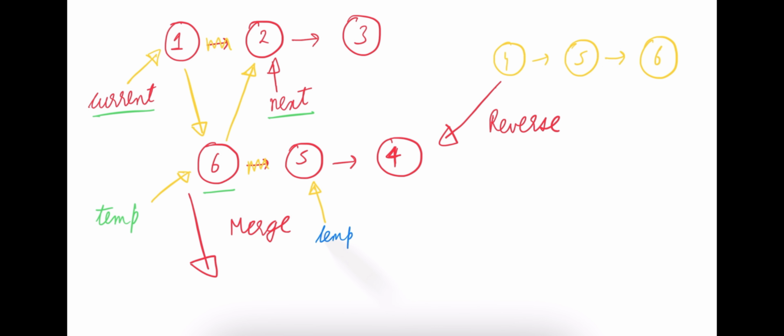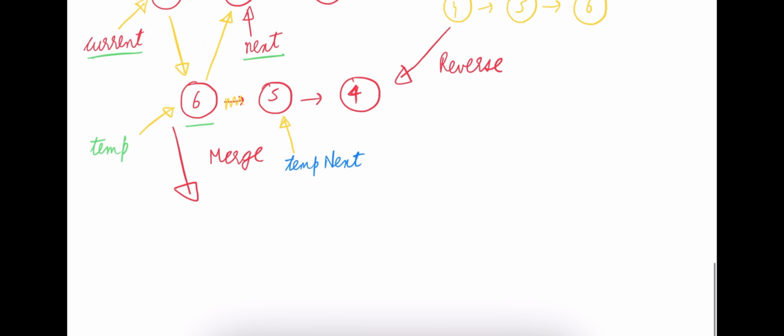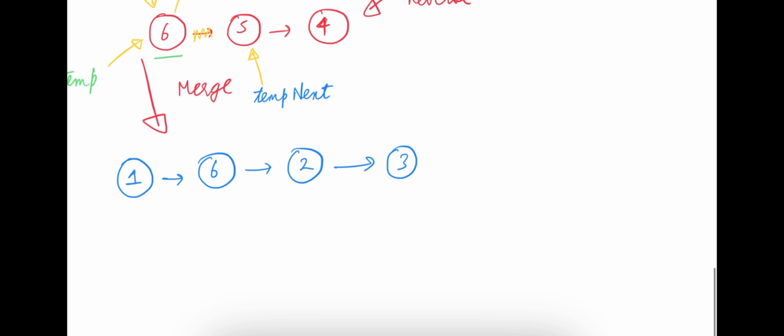Let me call this temp next, and after merging node 6 what we are going to have is something like this: 1, 6, and 2, and then 3, and then we are left with 5 and 4. Now I have to merge my node 5 between node 2 and node 3.